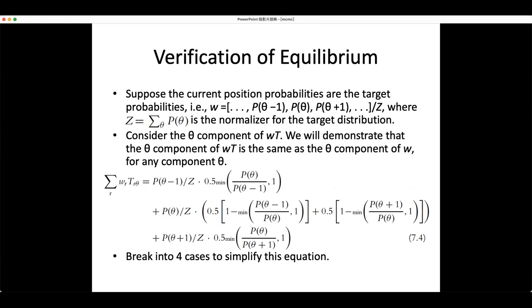So I will complete this proof next time in class. Basically, this indicates how the probability distribution is going to end up in the next step. But I'm going to show you that it's going to stabilize if it matches the target distribution.